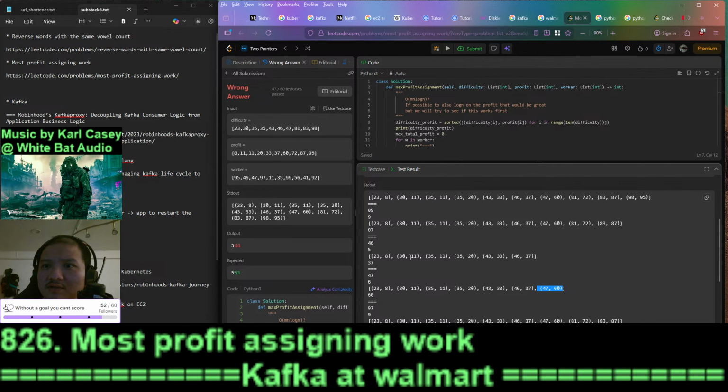Also, maybe if we can start from the small number, right, then maybe we will cover the thing later on, right? Because right now we keep having the range, but let's figure out where this goes wrong first. So okay, 46, good.